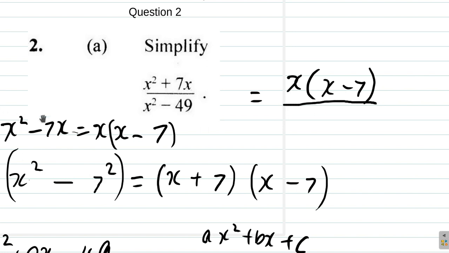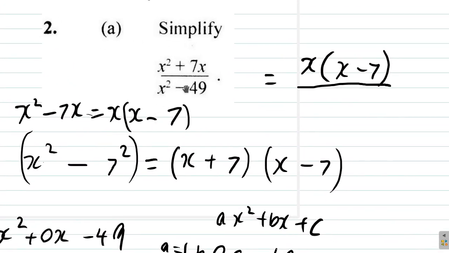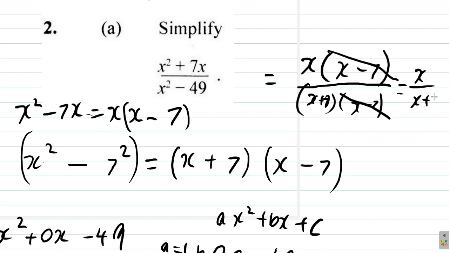And as I said, you could factorize the denominator using the shortcut method of factorizing a difference of two squares. Here you get x plus 7, x minus 7. Now, x minus 7 over x minus 7, that's 1. So your answer would turn out to be x over x plus 7. So that is what the answer would be.